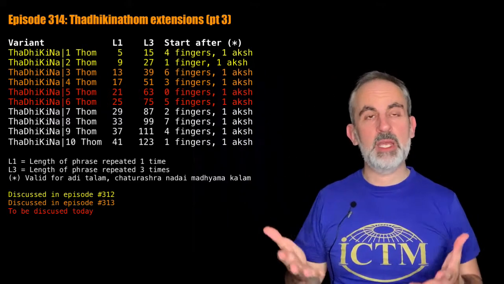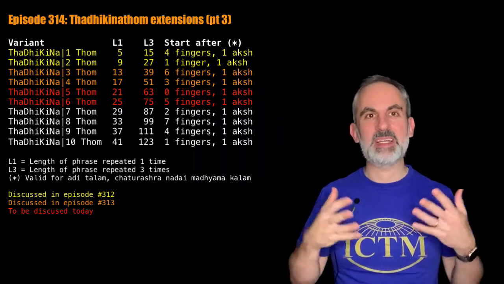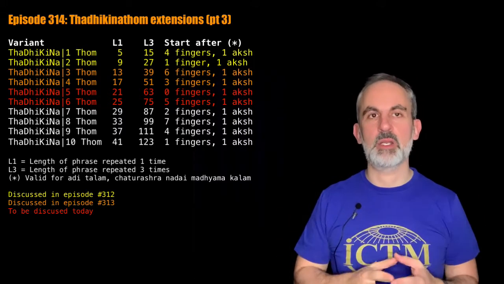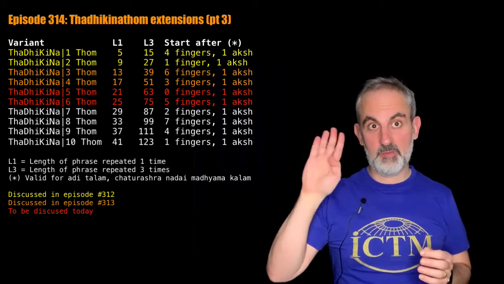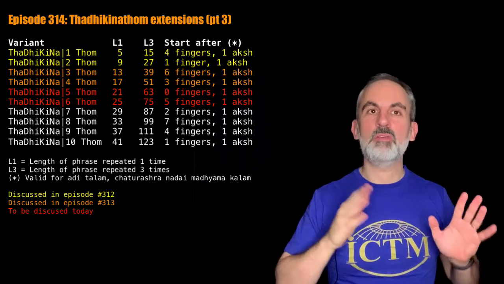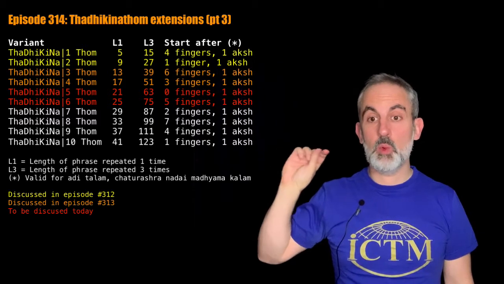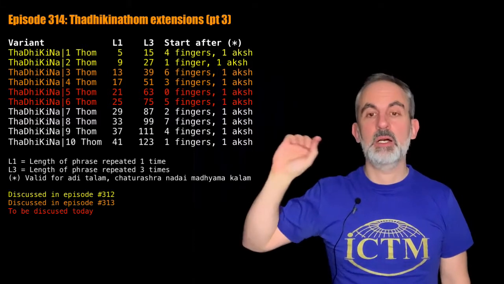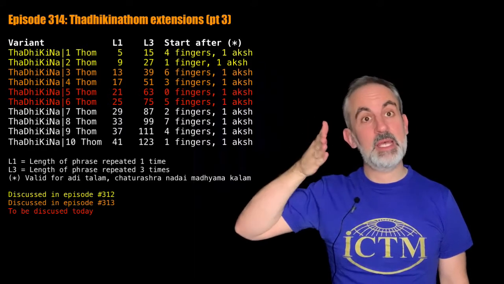The vertical bar is a way of notating this very common way of expanding one particular phrase in Konnakol. We have a phrase, Thadhikina, with 4 syllables, and we extend each of those over a number of aksharas. If you look at the first red line, that is Thadhikina over 5 and then Thom.